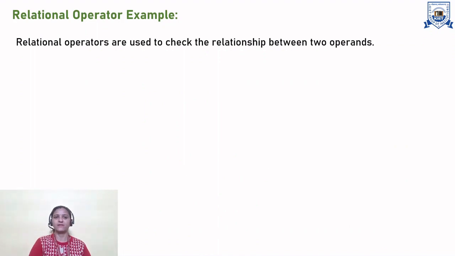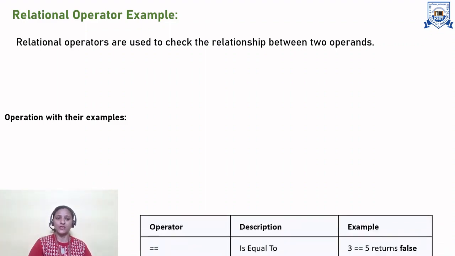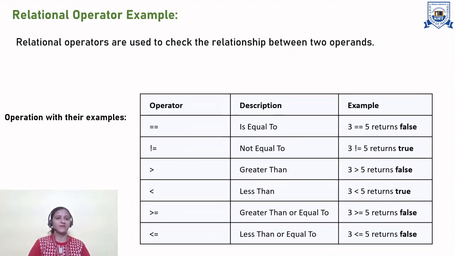Relational operators are used to check the relationship between two operands. Now the different operators with their examples. It is equal to: here we will compare 3 equal to 5. We are just making a comparison. It will return false.